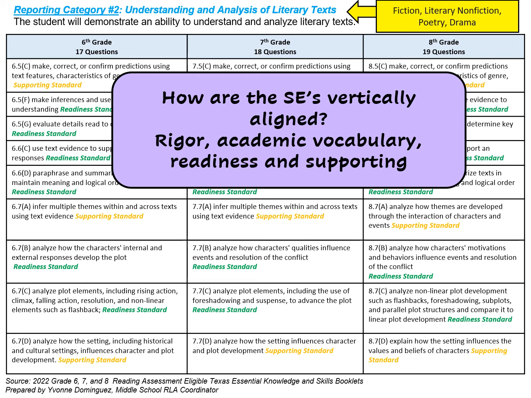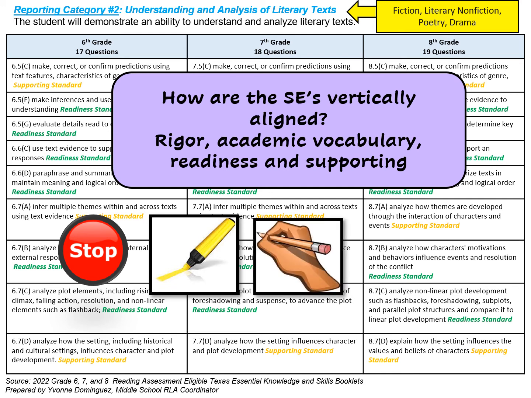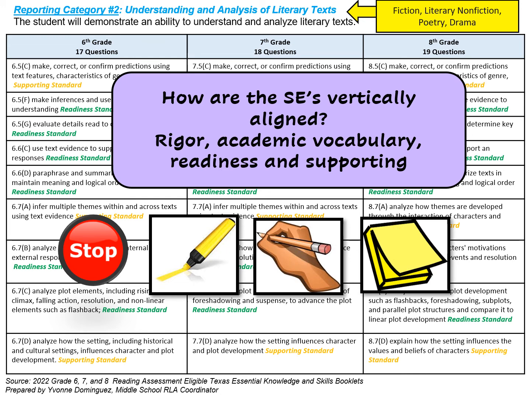Remember that you're looking across grade levels, at some similarities and differences for each of those SEs for reporting category 2. So I'm going to ask that you stop the webinar at this time, do any highlighting of those nouns, verbs, etc., make some notes and use sticky notes in any way you would like to. When you are ready, you will resume.